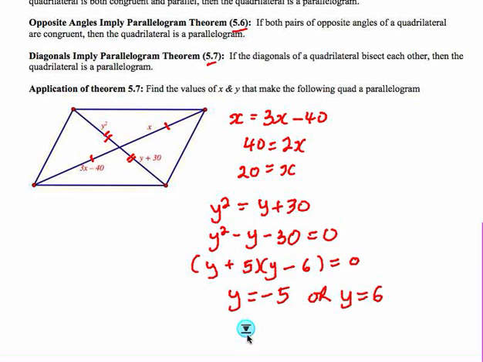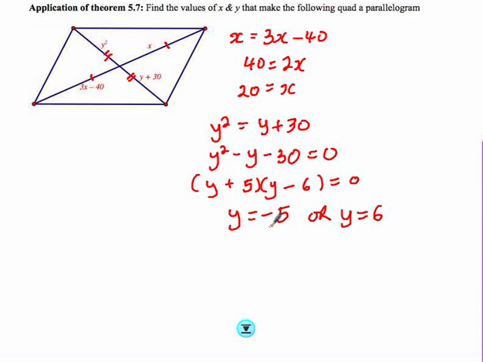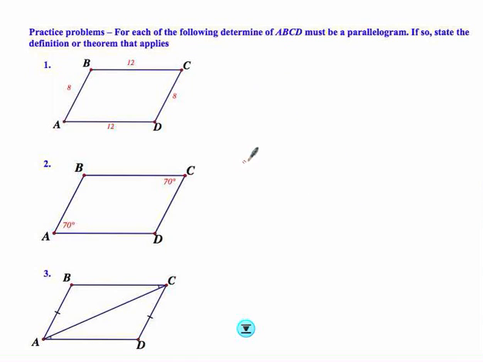I was going to say y equals minus 5 is unacceptable because we cannot have a negative, but if we look back at the original figure, that solution is in fact acceptable. If we substitute back in, it will produce acceptable answers. My apologies for that.